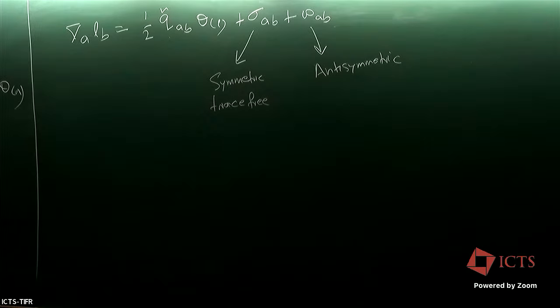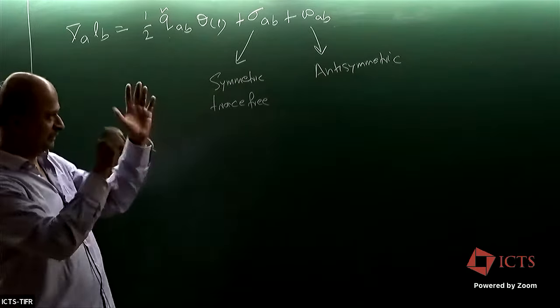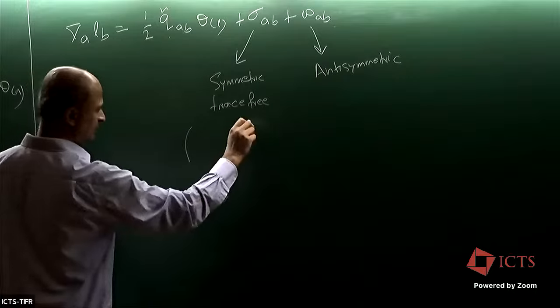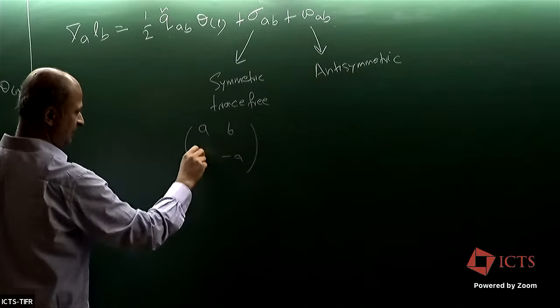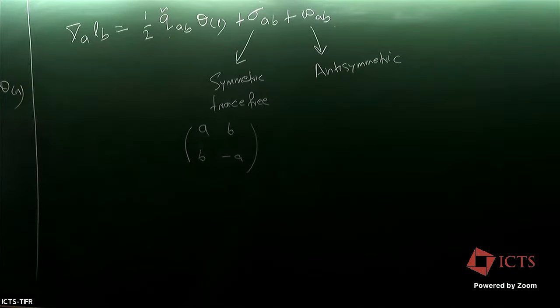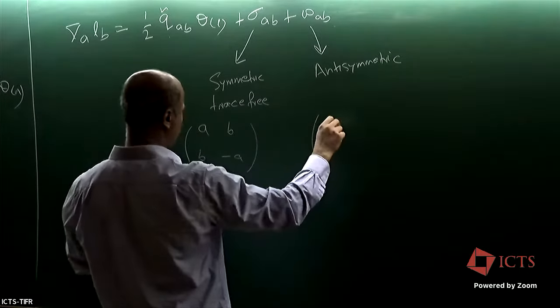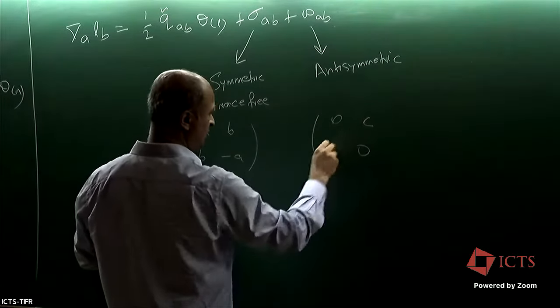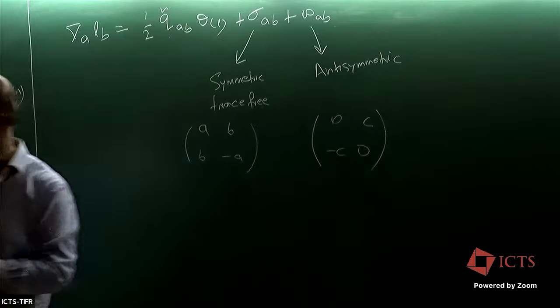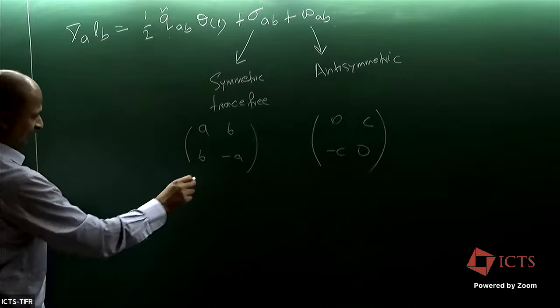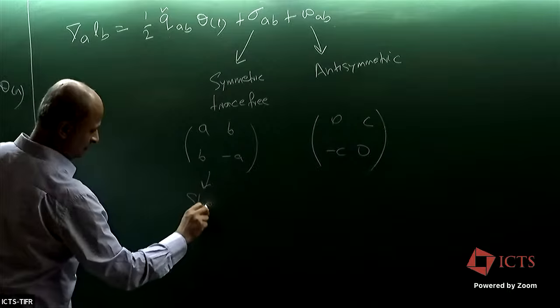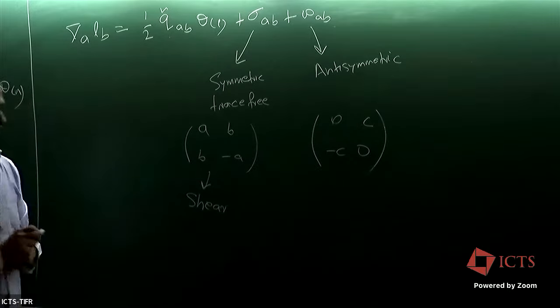If you write this in terms of, let's say, a 2x2 matrix, this will be of the form A, minus A, B, and B, on the sphere now, in the two-dimensional case. And this would be of the form 0, 0, C, minus C. Then this is known as the shear of L, and this is the twist.